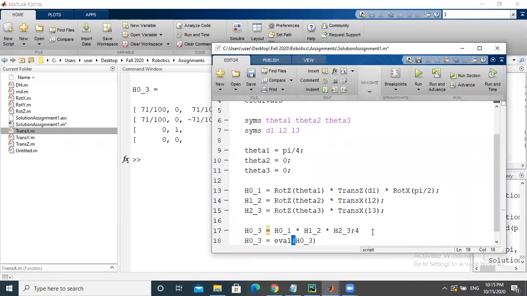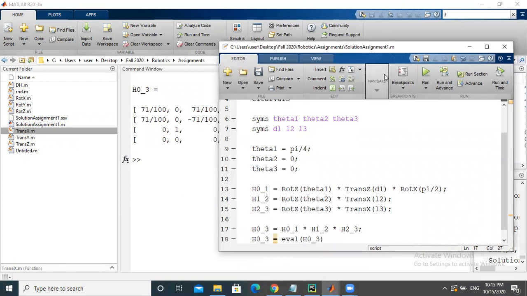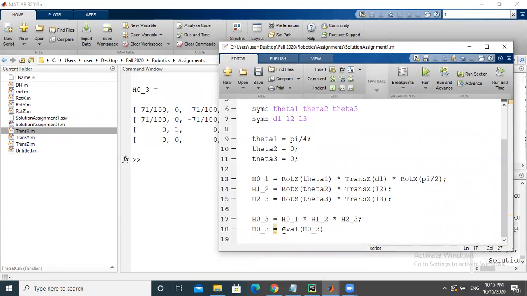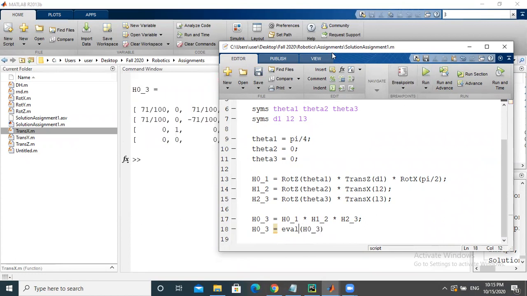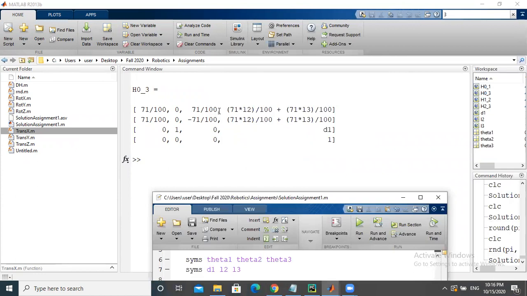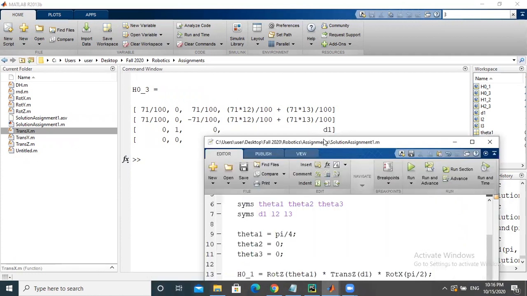Let's do that. Evaluate function maybe. Okay, not evaluate. The output is remaining like that. There has to be a way to view that numerically, maybe because we still have some symbolic variables on here.